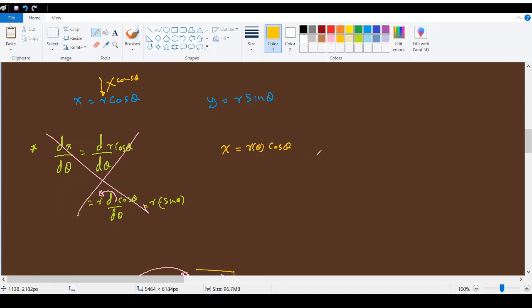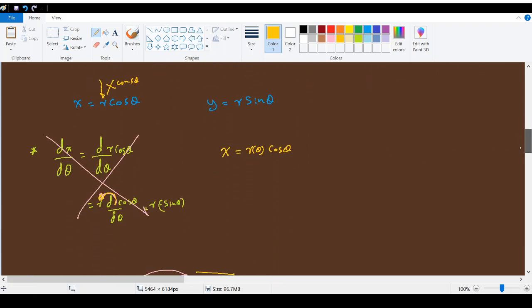At each and every point, this r value will depend on theta. So it is not correct at all to take that number out from the derivative, right? This is the place you have to be careful when you are computing the derivatives, right?